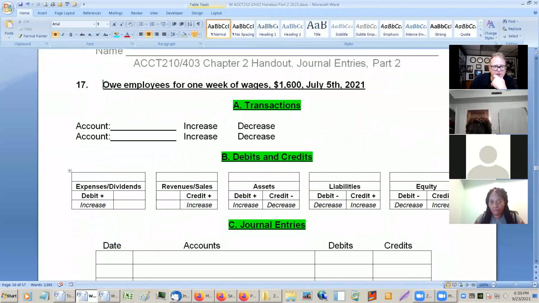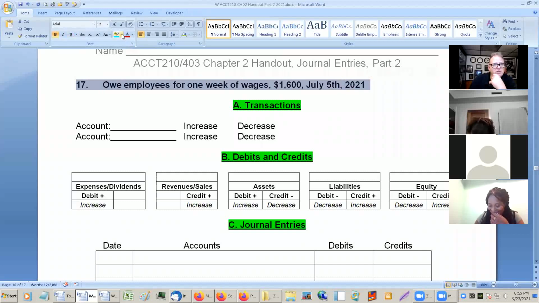This one's a little bit tricky. Wage expense is correct. Very good. And accounts payable. You probably put in wages payable. If you put in accounts payable, that's fine too.